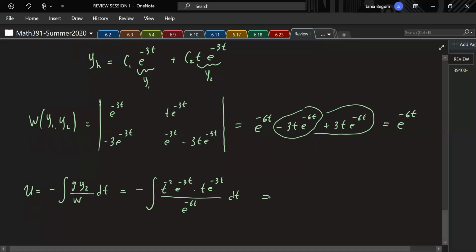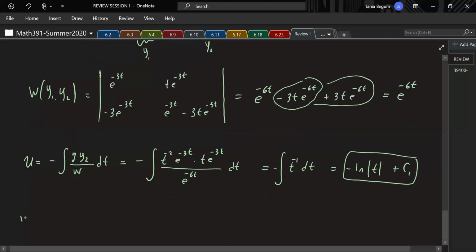Now you simplify, and all the exponentials cancel out. We're left with only t to the -1 dt, right? Yes. And this is the famous ln. Never forget the ln. Plus c1, so that's u. So we successfully found u.